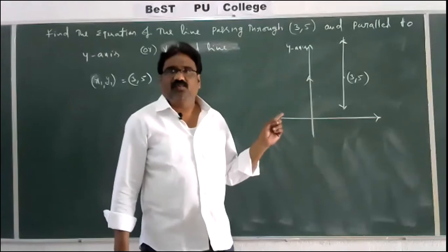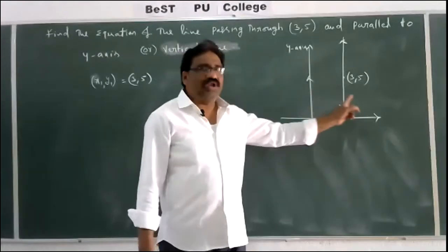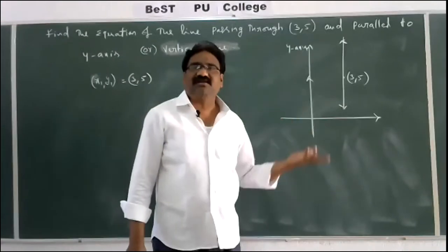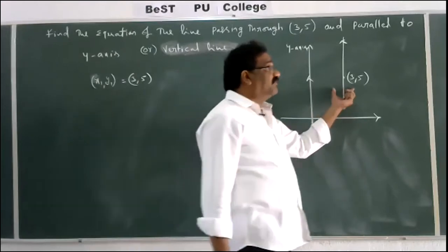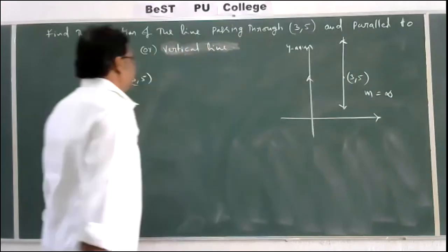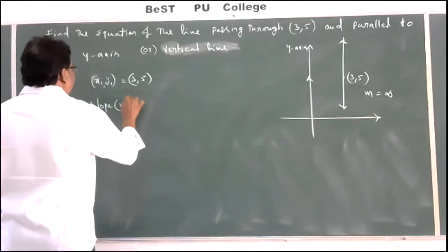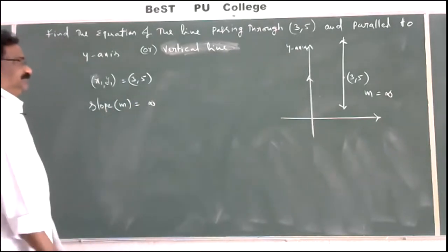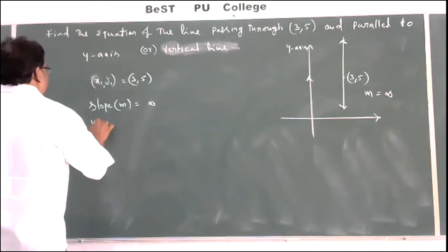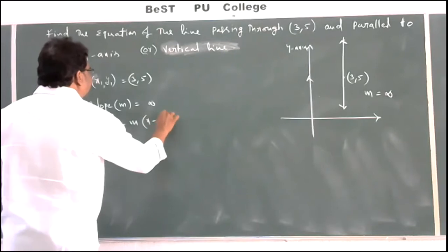Yesterday we proved that the y-axis slope is infinity. So these two lines are parallel, and if the lines are parallel, their slopes are equal. So the slope of this line is also m equals infinity. That is, using this formula, y minus y1 is equal to m into x minus x1.